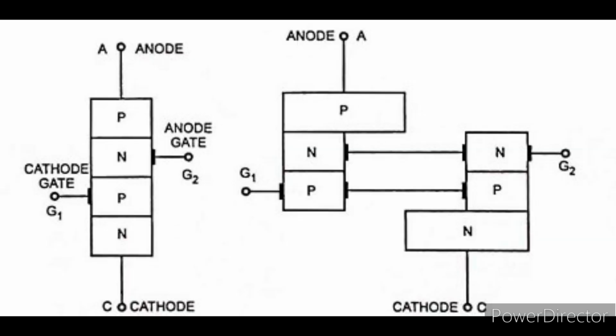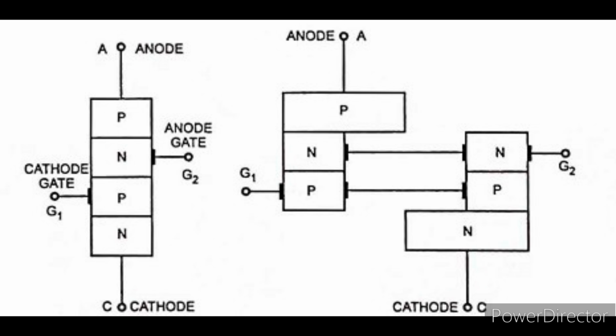The figure shows the basic structure of the SCS and the two transistor version of SCS for better understanding. The structure of SCS consists of two transistors where the collector of transistor 1 is connected to the base of transistor 2 and the collector of transistor 2 is connected to the base of transistor 1, which means the N regions of both the transistors are connected and the P regions of both the transistors are connected as shown in the figure.